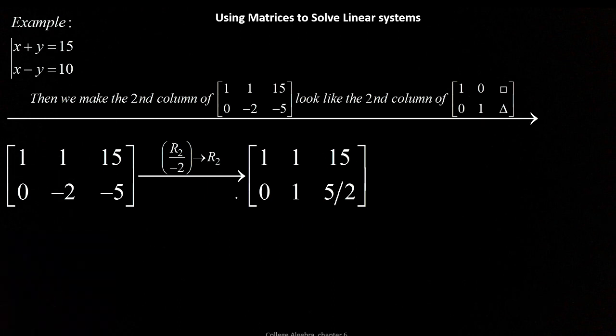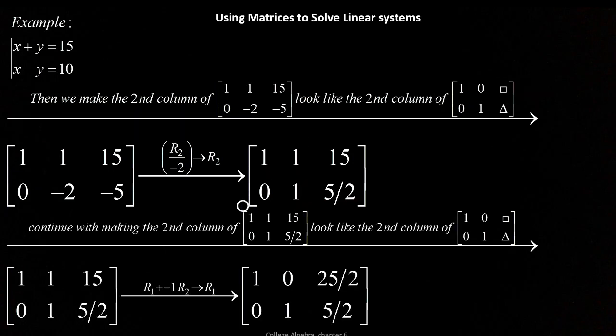Well, we can take this row and multiply it by negative and add it to this row, right? So we're going to take row 2, multiply it by -1: -5 over 2, and add it to row 1: 1, 1, 15. So that gives us just what?